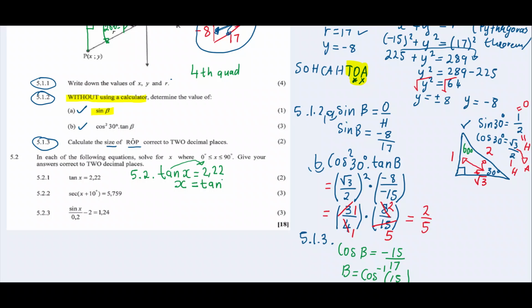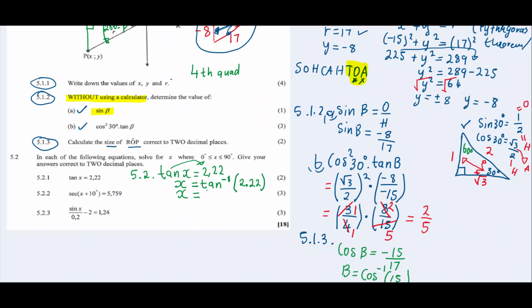So we're going to say the angle x is equal to tan with the -1 there, because we've transposed it to the right hand side. Then let's punch the shift button, which is at the top left of the calculator, shift, and then tan, and then punch 2.22.